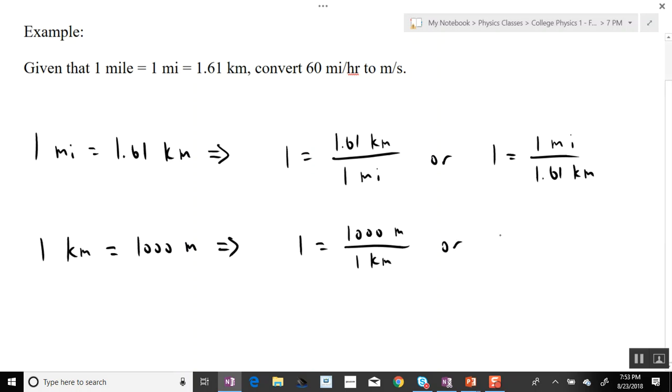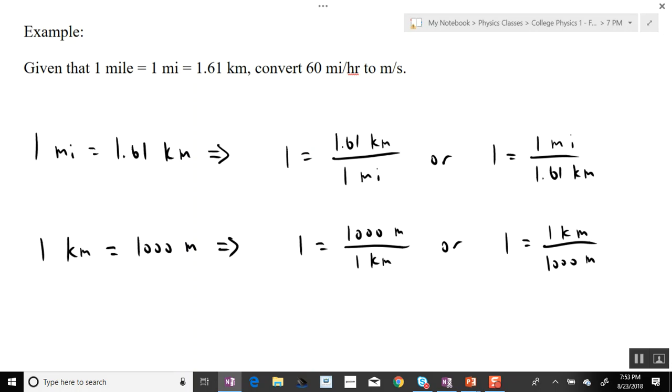Or I can take the inverse of both sides, and I get 1 is equal to 1 kilometer divided by 1,000 meters. Right, so that's another version of 1, relating kilometers to meters.